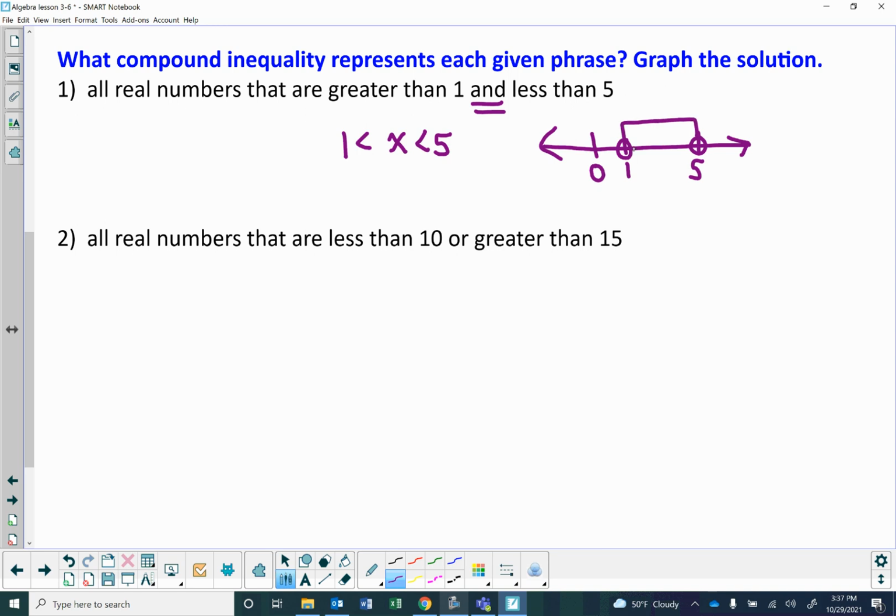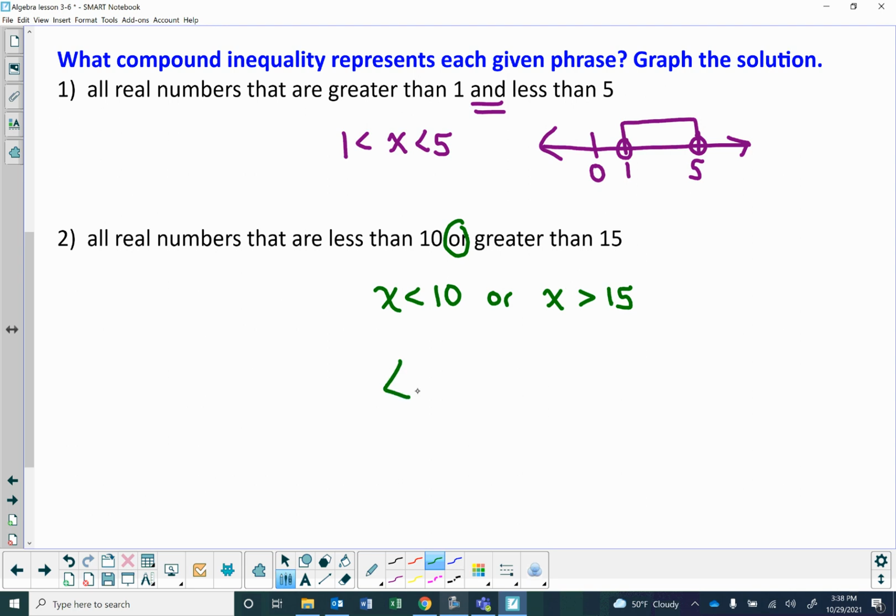Now, if you look at number 2, all real numbers that are less than 10 or greater than 15. So now we've got the word or, which means we have to write it as two inequalities. So if I let x be my variable, x is less than 10 or x is greater than 15. Literally rewrite it exactly as it's stated, putting the word or in the middle.